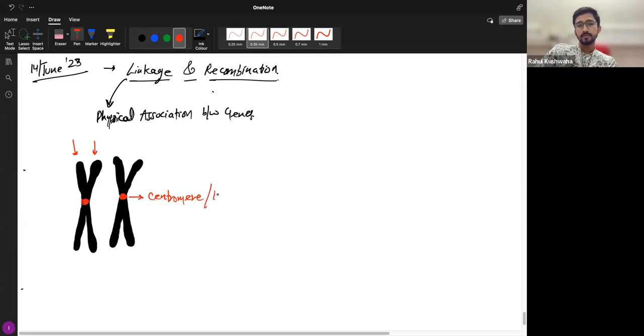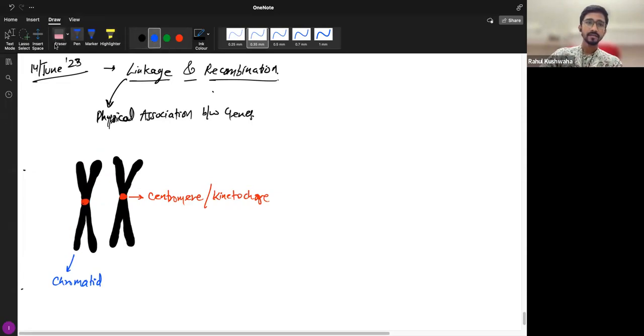Kinetochore, yes. The centromere has the kinetochore, which keeps the two chromatids together. So this is one chromatid, and this is another chromatid. So in two chromosomes, when they are in this form, each chromosome has replicated already. So there are 4 chromatids when meiosis happens in these chromosomes.